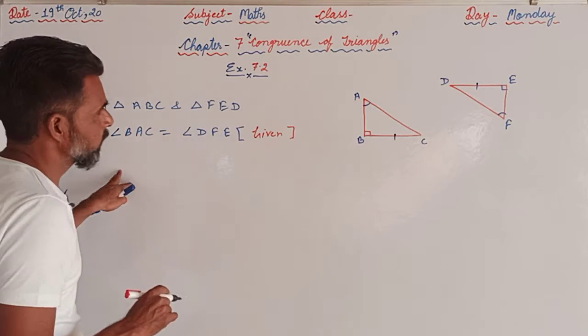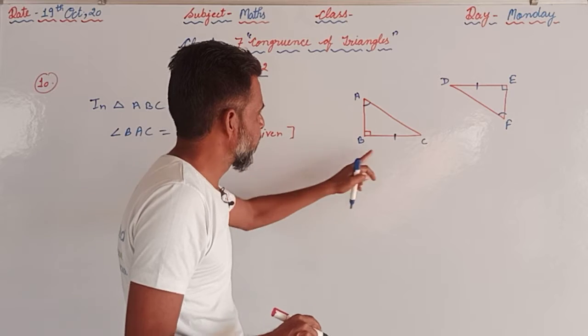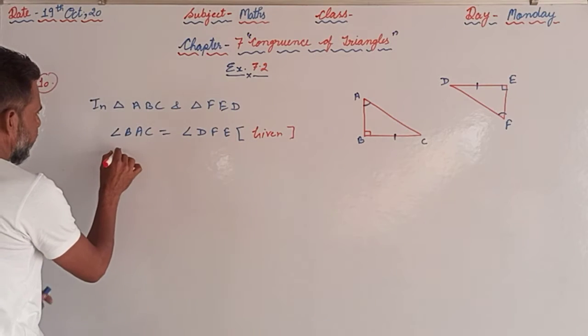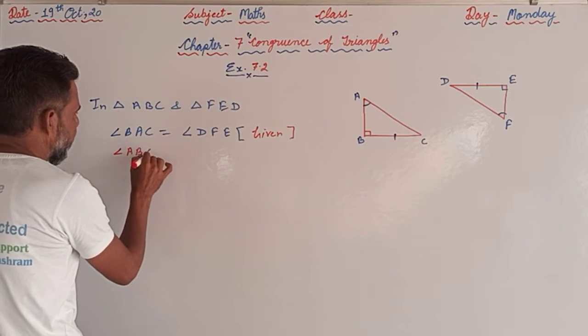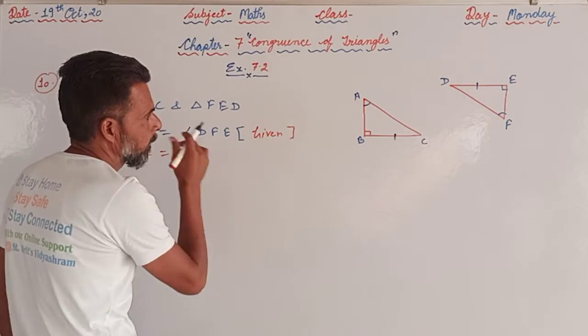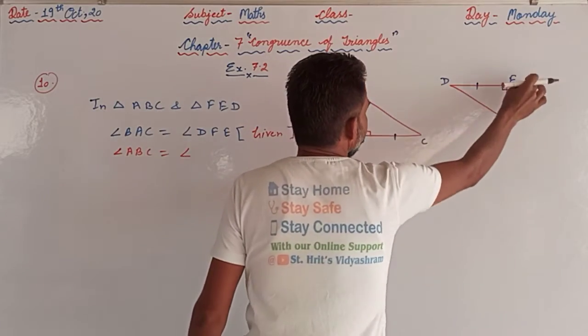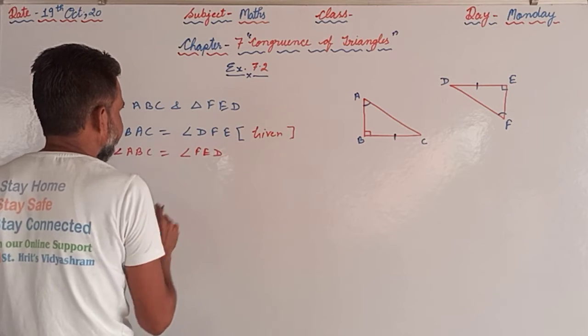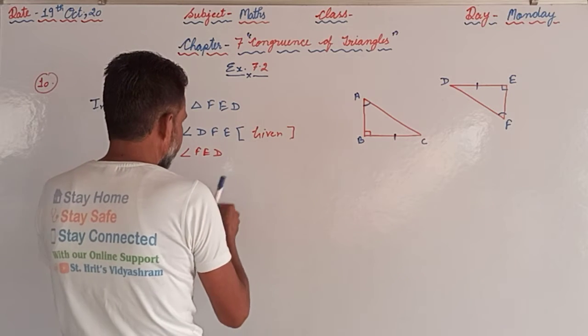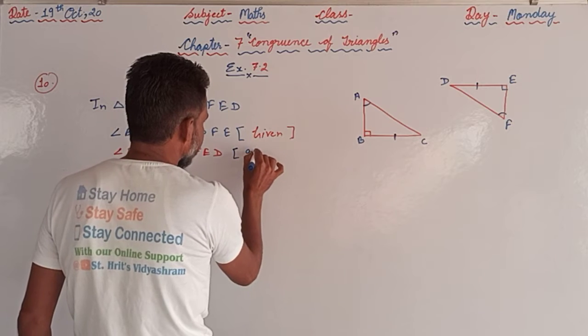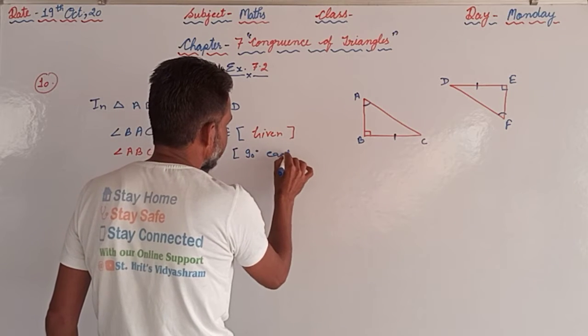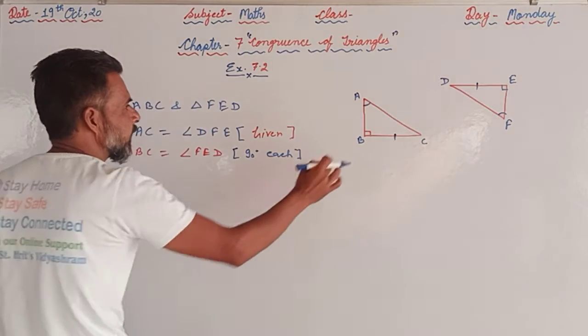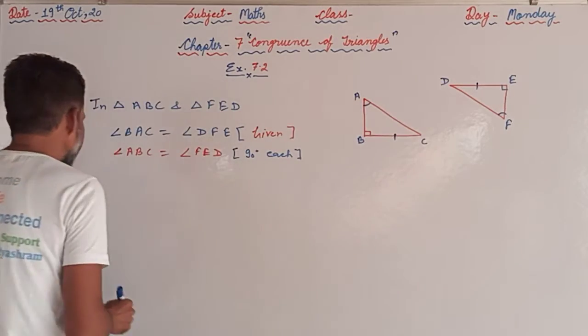Afterwards, angle ABC is equal to angle FED, that is given, 90 degrees. Both angles are of 90 degrees as given in the figure.